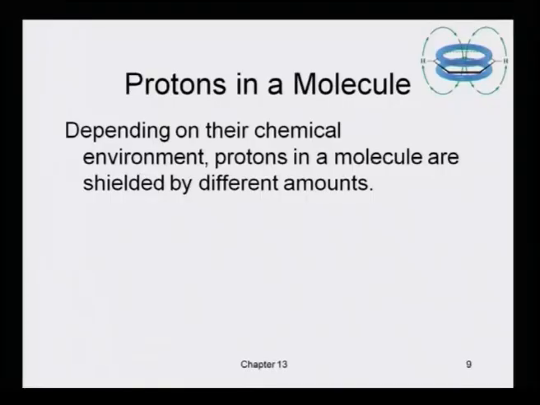Unshielded will absorb at the same Gauss value, but if there are electrons which are shielding it, it will not absorb. So, a stronger field needs to be applied to compensate for this shielding. The protons in a molecule, depending on their chemical environment, are shielded by different amounts.